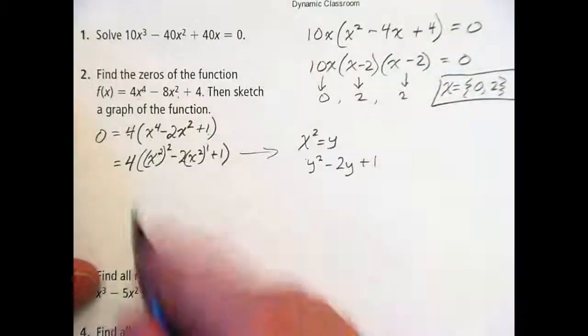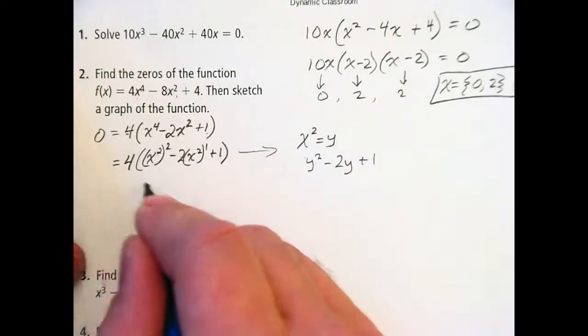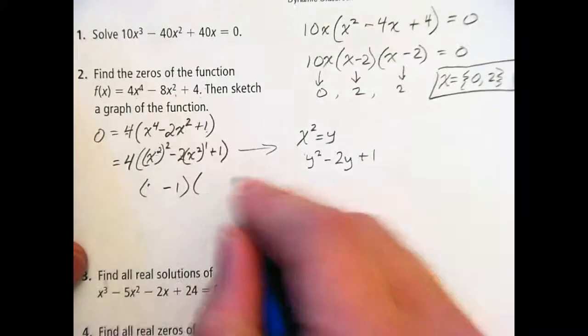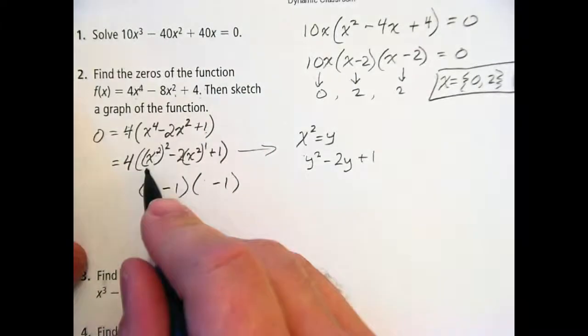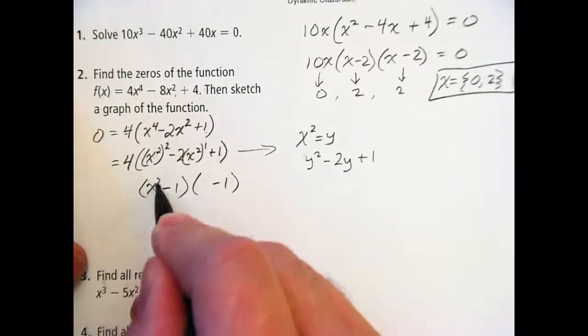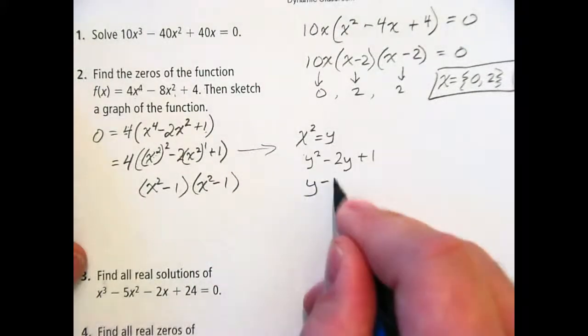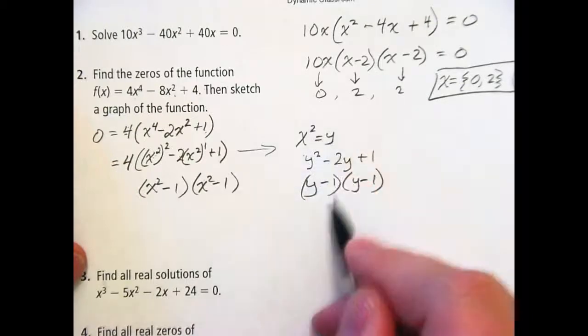But either way you go, two things to multiply to make 1 and add to negative 2 are negative 1 and negative 1. And then in front, we have our x squared. So if you would have done it this way, you would have ended up with y minus 1 times y minus 1, and then you would have replaced the y with x squared.